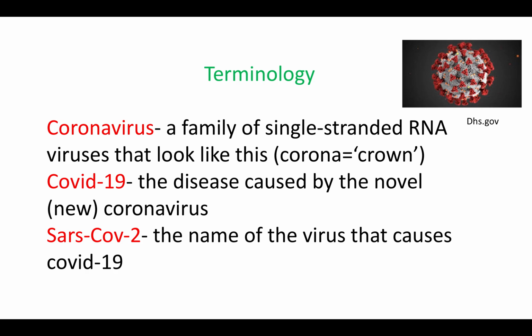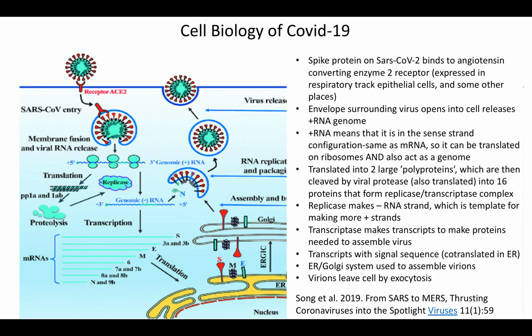You'll see a lot of papers talking about what we know from SARS-CoV-1 and the survivors of SARS-CoV-1, and can we extrapolate any of that information into understanding what's going to happen with SARS-CoV-2, because we're still in the middle of this.